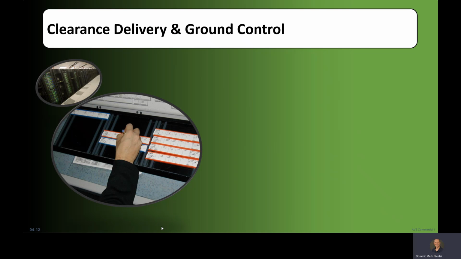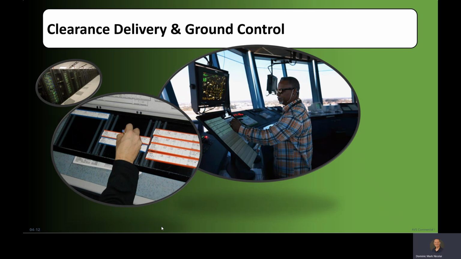They'll read you the information. It's all the information that you need for your route. It's who you are, any special remarks you may have put in there, and they read that information to you. And then they hand off this strip to the next person who's going to be controlling you, and that is going to be ground control. And so that's going to sit in a stack waiting for you to call up ground control.